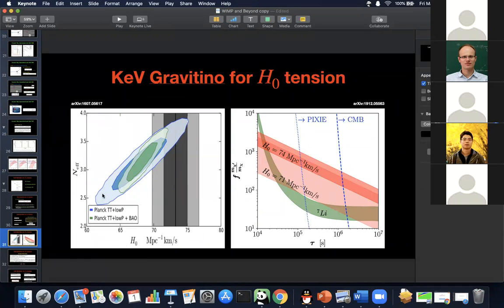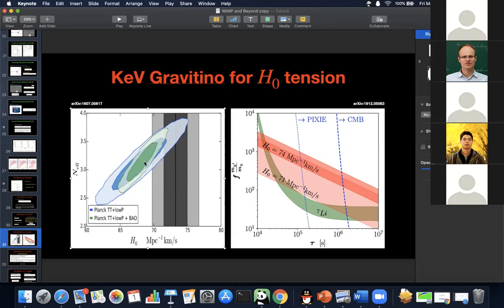They did the fit with the Planck data and also BAO, and we can see that if we have a larger effective neutrino number, we can reach the value needed for the present Hubble constant.